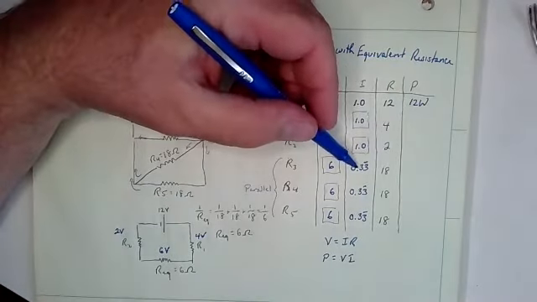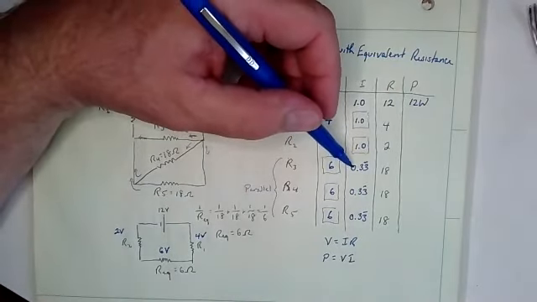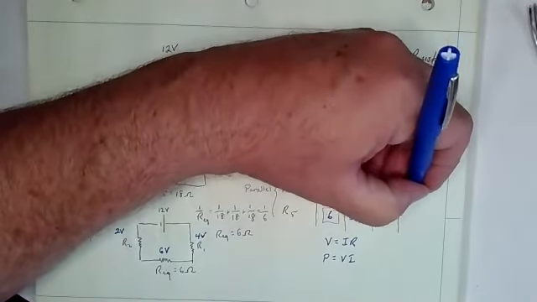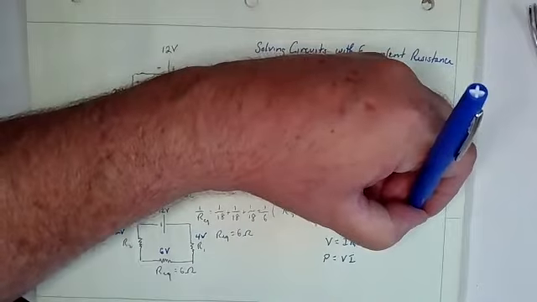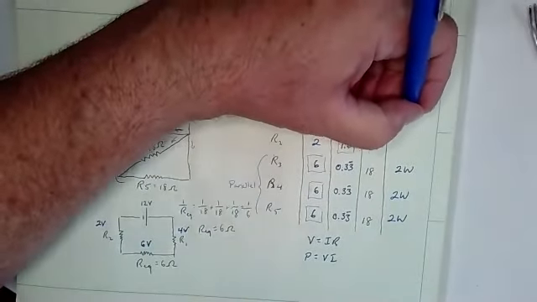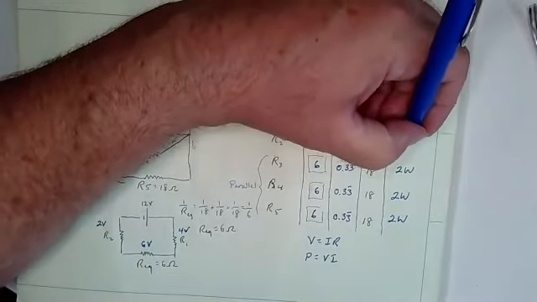And so this is essentially 1/3. So 6 times 1/3 is going to be 2 watts here. 2 watts here, 2 watts again. And then 4 times 1 is 4 watts. And 2 times 1 is 2 watts.